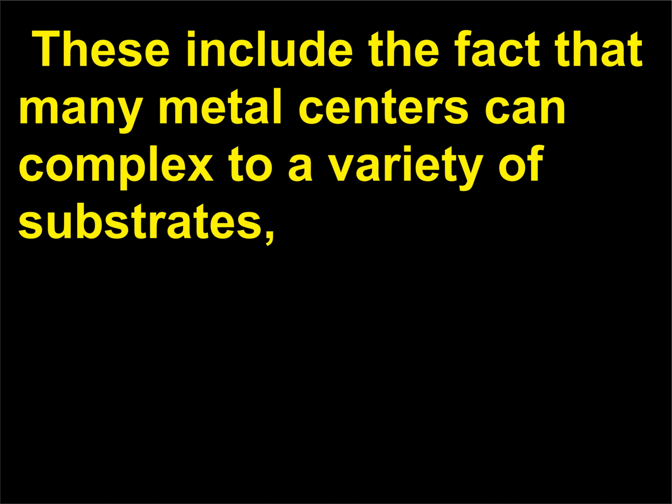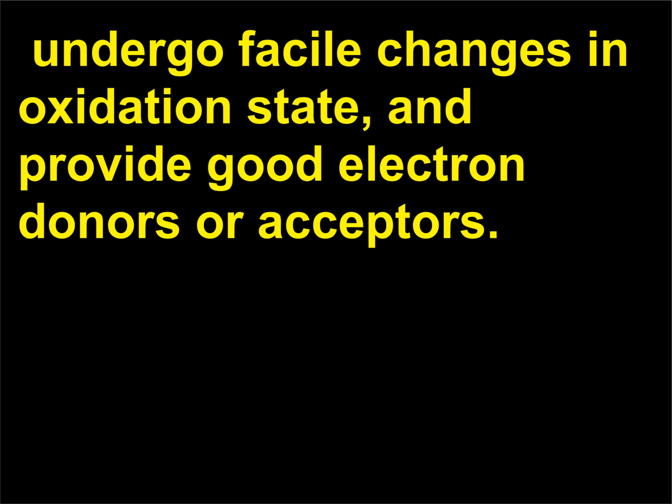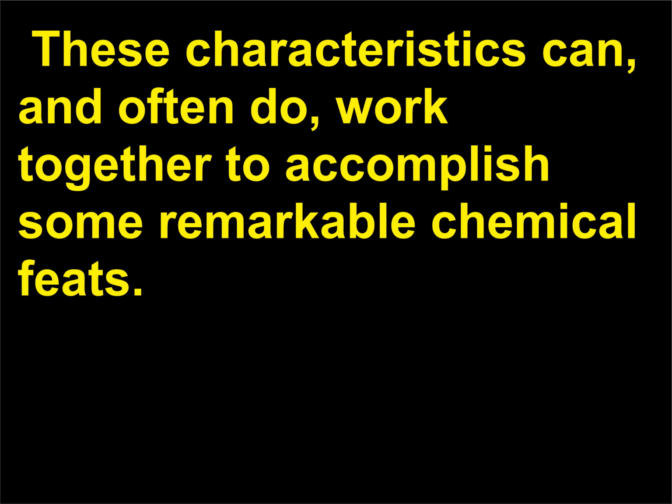These include the fact that many metal centers can complex to a variety of substrates, undergo facile changes in oxidation state, and provide good electron donors or acceptors. These characteristics can, and often do, work together to accomplish some remarkable chemical feats.